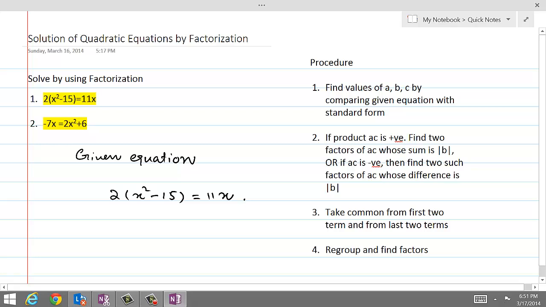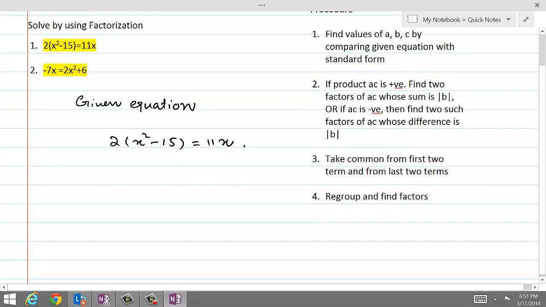The standard form means the first term on the left hand side must have x square if x square is present, the second term must have x if that is present, and the third term must be a constant term, and then writing this equal to 0. That is the standard form of writing a quadratic equation.